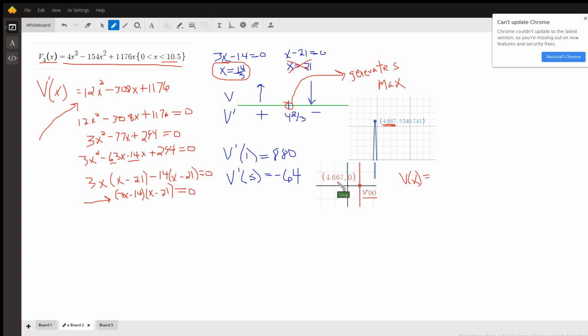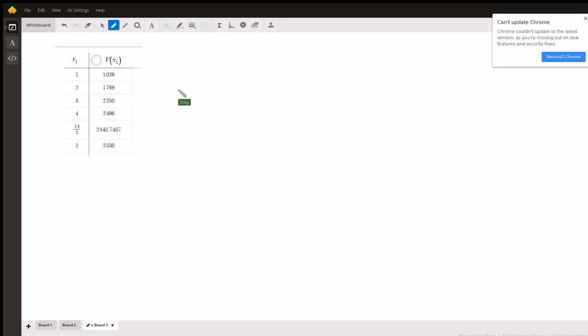So there's your 4.667 confirmation. And over here I've got a table of x values and the V values that they generate. And there's your 14/3, which looks like it does generate the maximum in this list, confirming everything that came before.